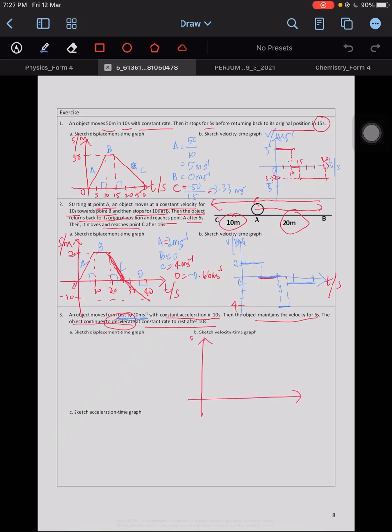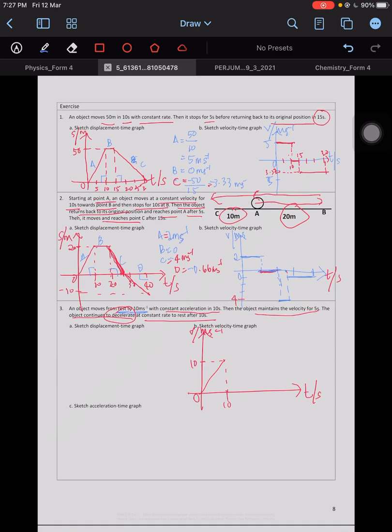Sketching velocity, meter per second, time, second, origin. Don't forget this. First they mention in 10 seconds, so 10. Here is 10. So this will be your first part. Second, the object maintains the velocity for 5 seconds, meaning the same 10 for 5 seconds, so this will be your 15.